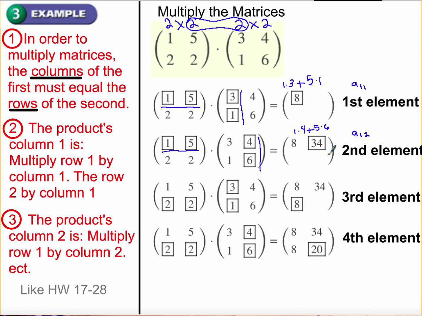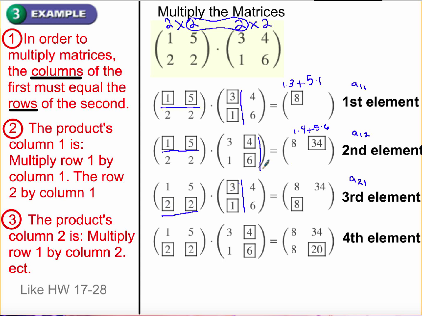If you're ever not sure what things you need to multiply together, try and think, what position am I trying to find? This number is in row 2, but it's in column 1. So that tells me that I'm going to multiply the second row times the first column. And we multiply these corresponding elements together. So my first element is 2.